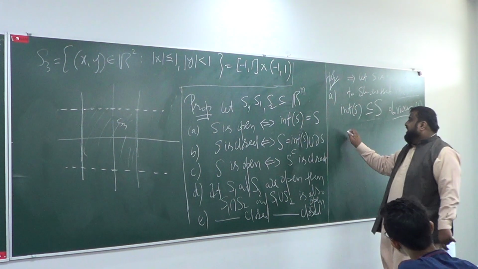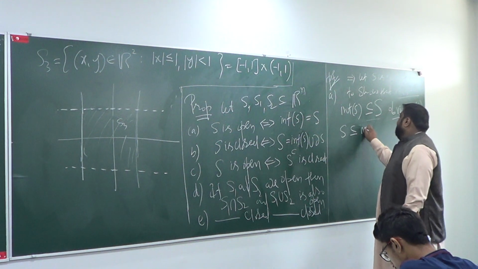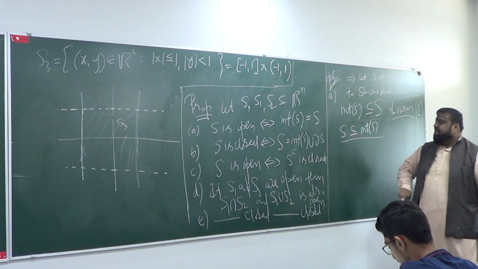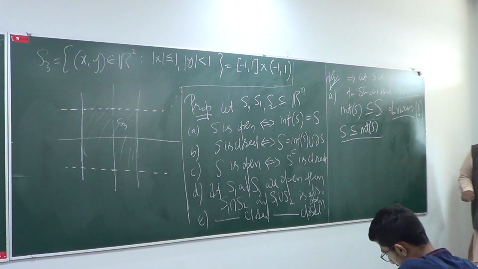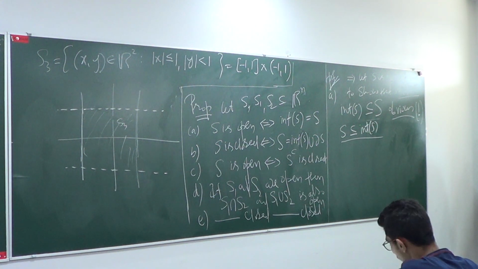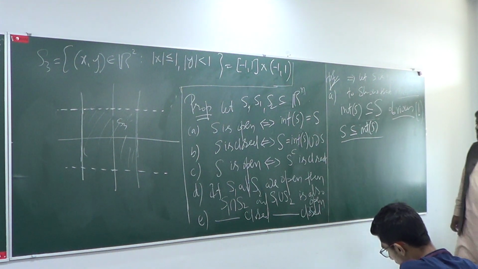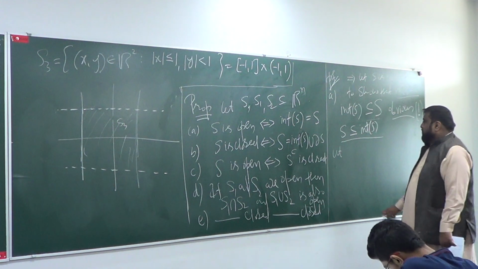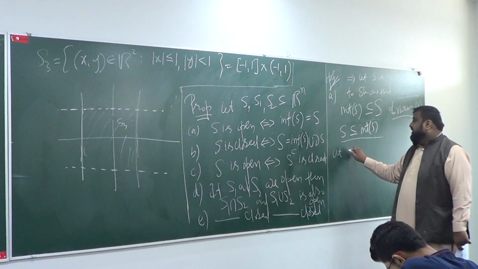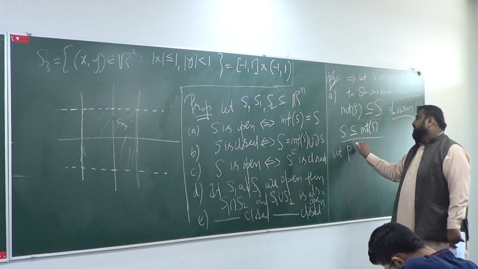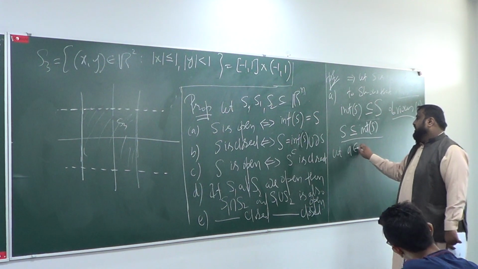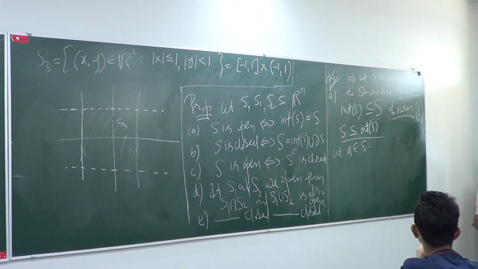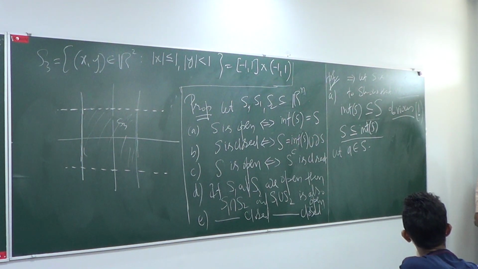The next thing that I would like to show is that S is a subset of the interior of S. So how can I show it? I need to pick a point from S, and show that that same point also lives in the interior of S. So let me pick some point, say A, from S, and I would like to show that this A is a point in the interior.